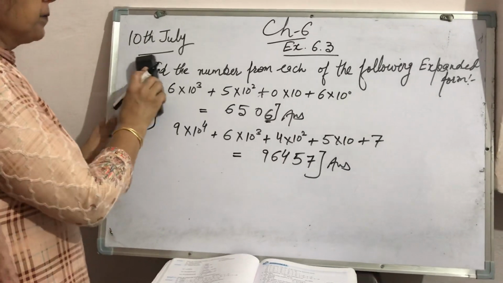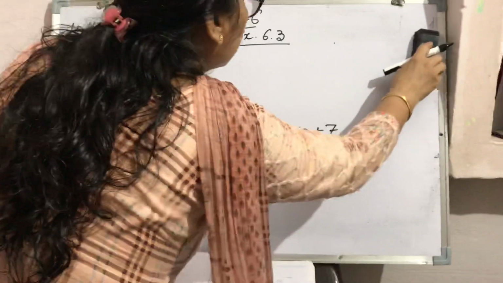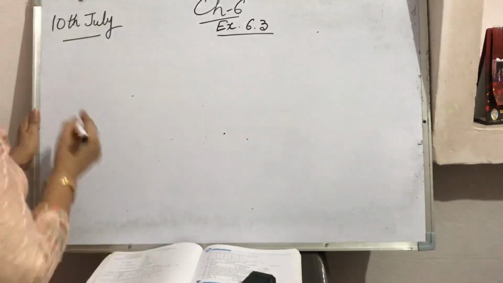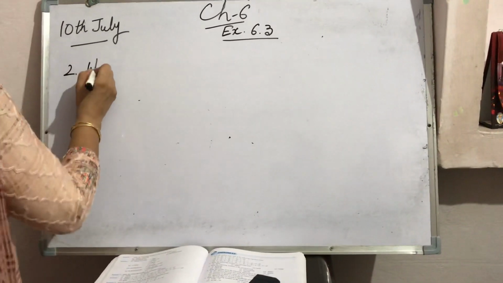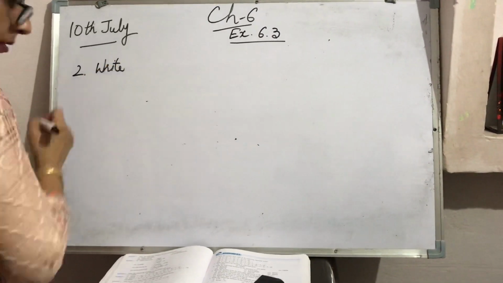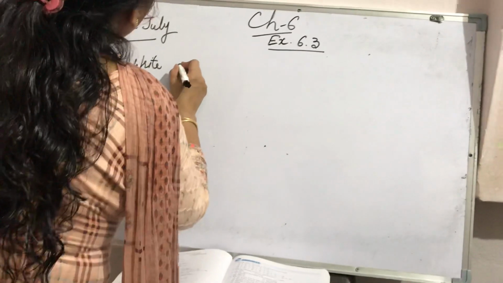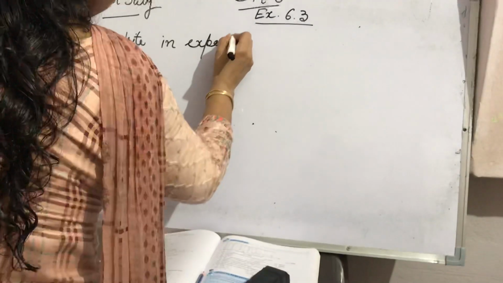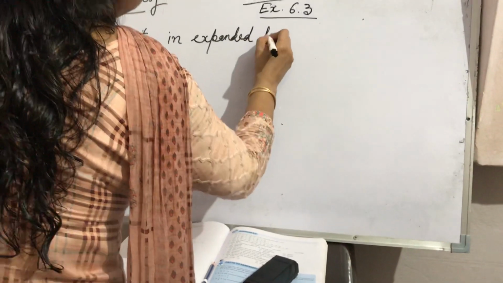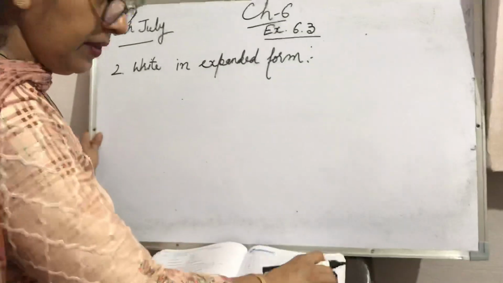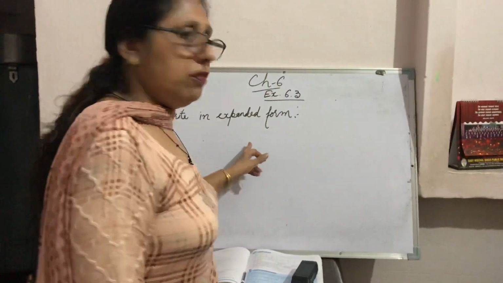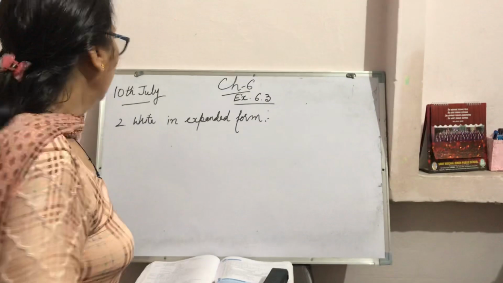Second question of the same exercise: write in expanded form. Now the number is given and we have to convert it into expanded form.